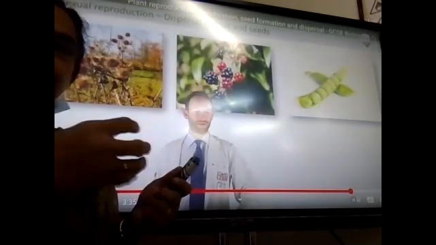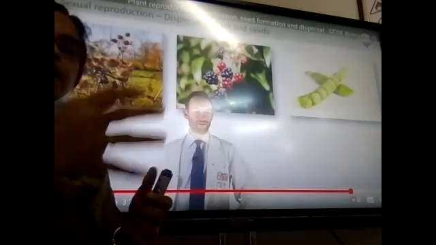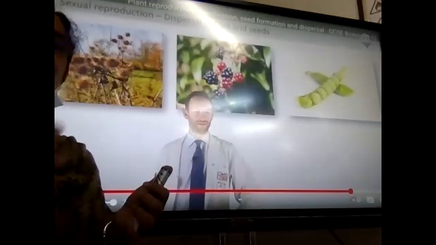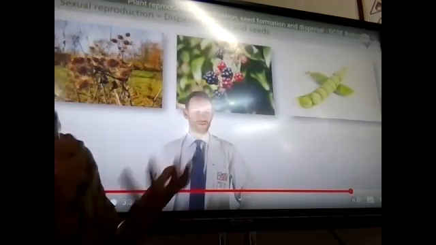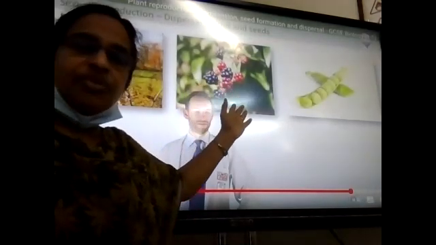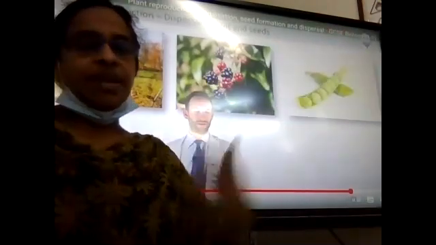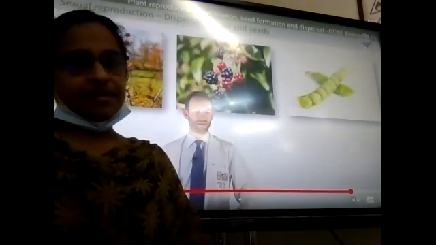So when they pass their excretion, this seed also will get out of the body through the excretory waste. And then they will grow there. So maybe from one place they will eat the fruit, but they will pass the excretion maybe some other place, so that it can grow into a new plant there.